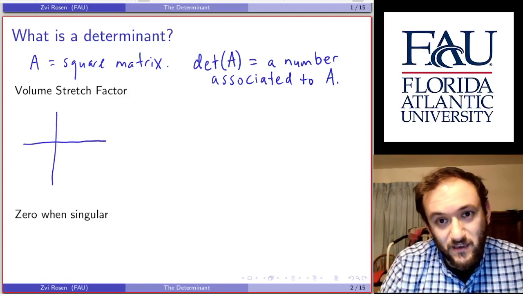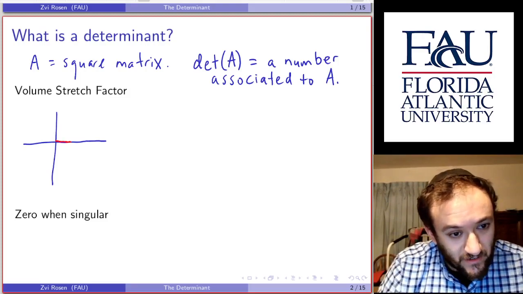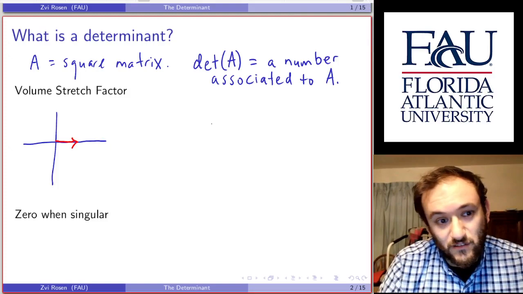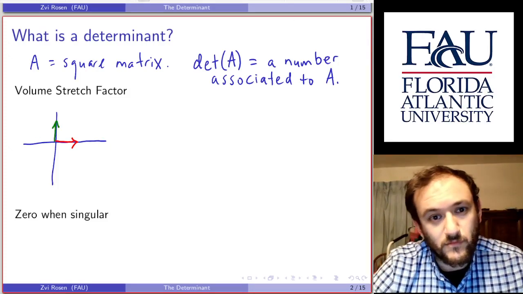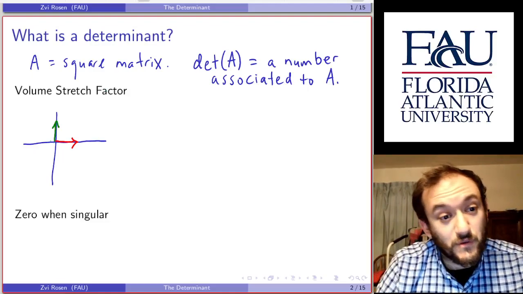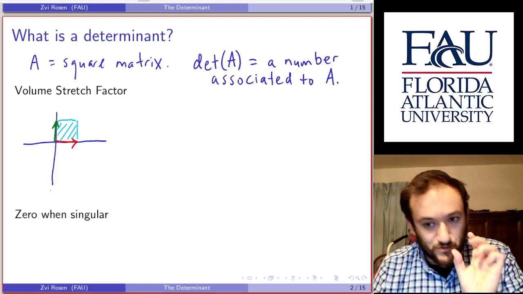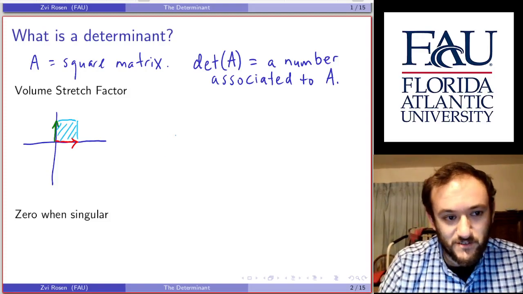If we take the plane, and we'll have a little unit vector here, and a little unit vector here. These two unit vectors describe a unit square here, whose edges are just translates of those two unit vectors.